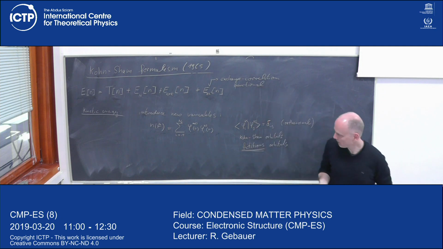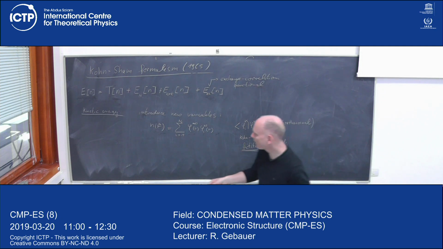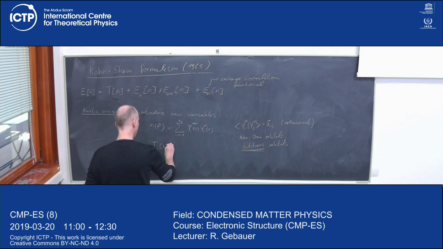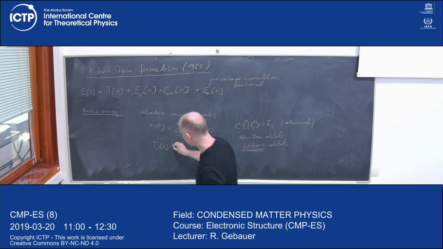And why did they introduce them? Well, because now they use an approximation for the kinetic energy, often written T_s of n, which we are looking at. This is written as the kinetic energy of these fictitious Kohn-Sham orbitals, phi_i KS.